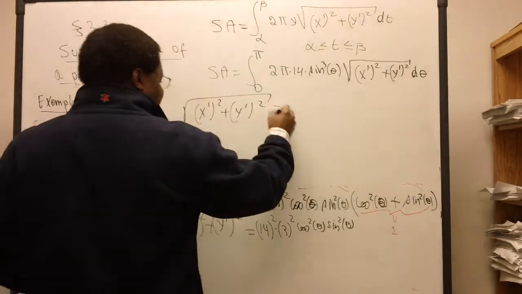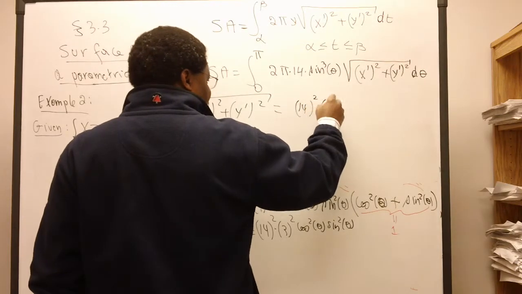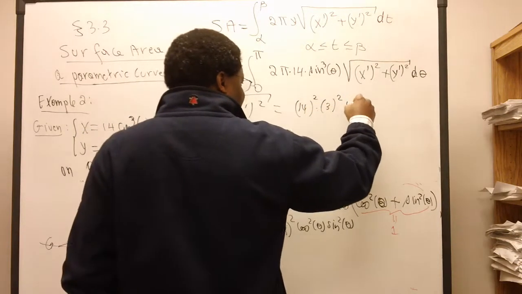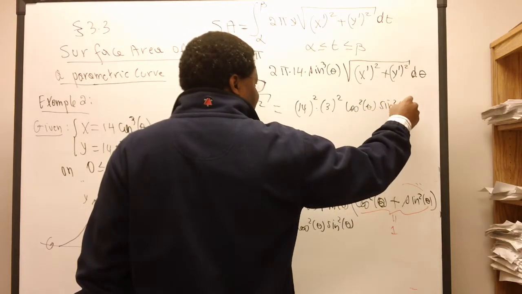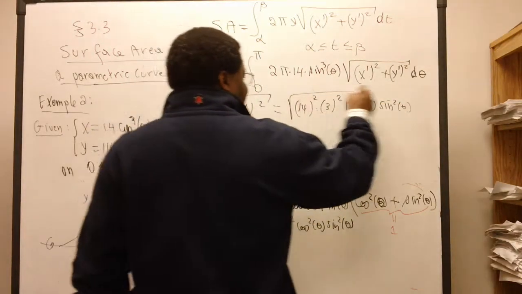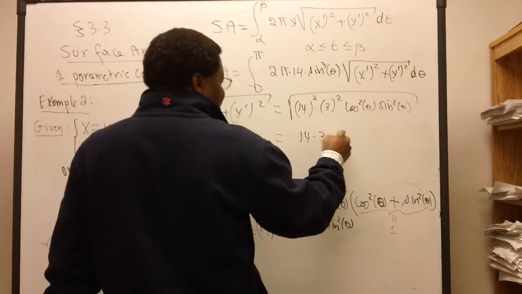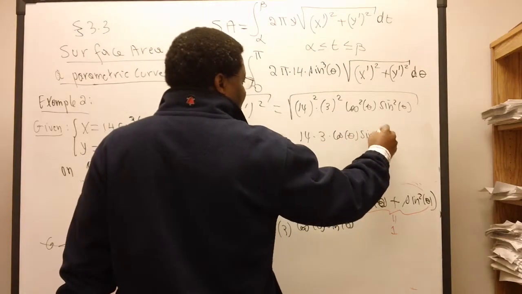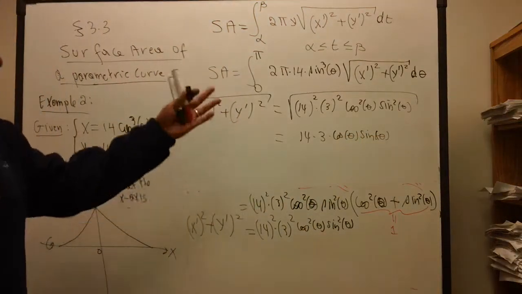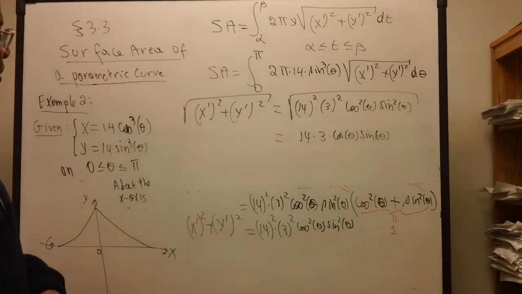That gives us the square root of 14 squared times 3 squared times cosine squared theta times sine squared theta. So that gives you 14 times 3 times cosine theta and then times sine theta. Okay? So you remove all the squares by taking the square root. So now we have pretty much what we need.